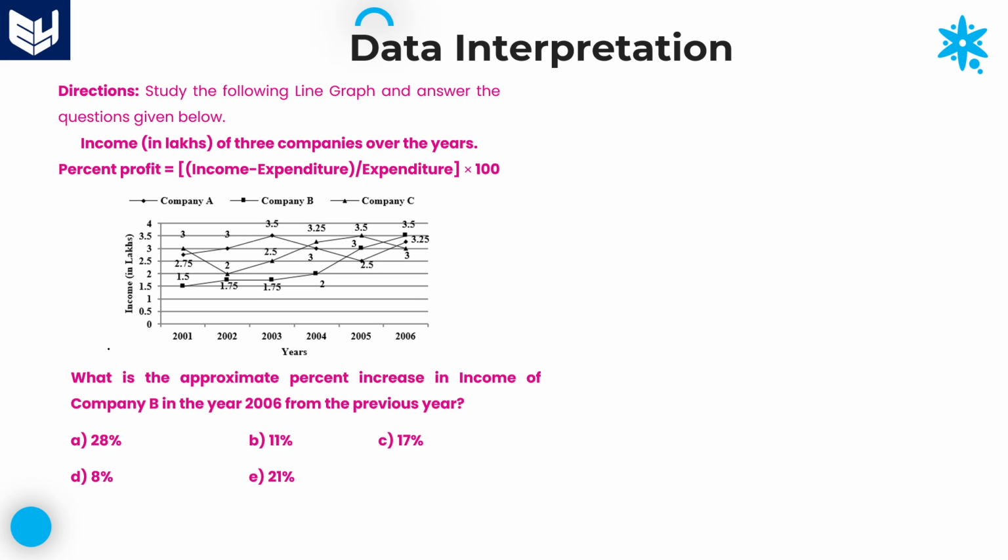Third question. What is the approximate percent increase in income of company B in the year 2006 from the previous year? Here we are comparing 2006 with the previous year 2005, and we are talking about company B. Company B is the square shape.